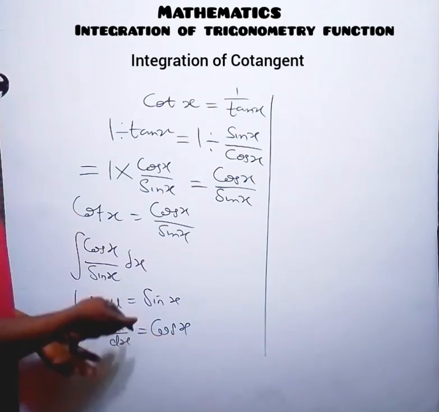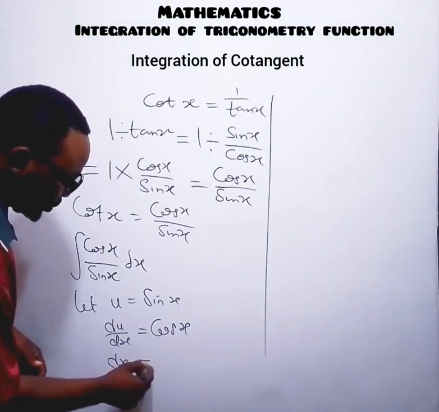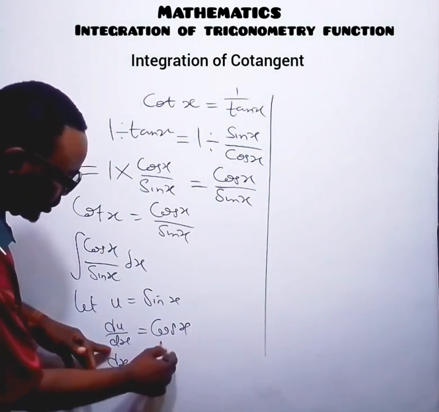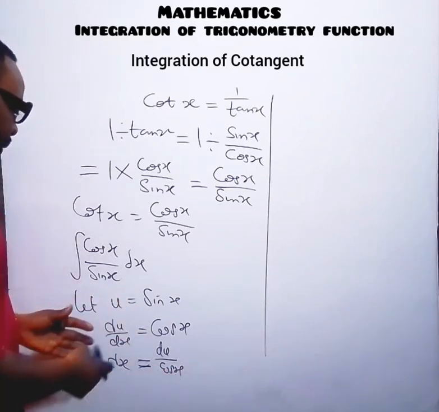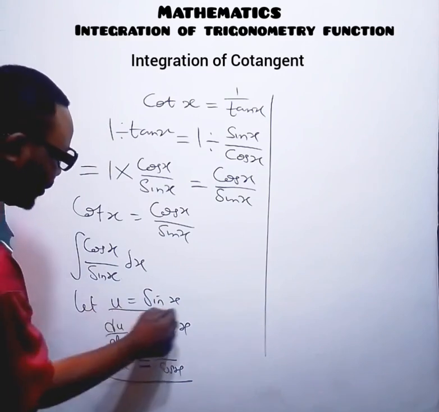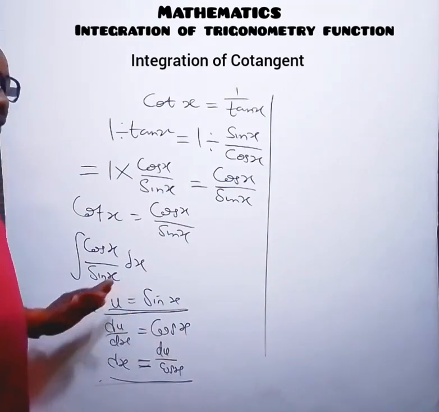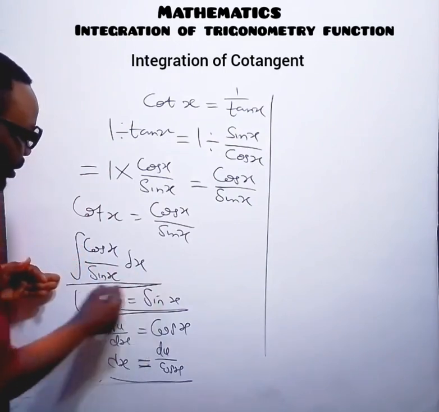Now, making dx the subject of the formula, dx will be equal to du over cos x. After we have gotten dx as du over cos x, and we have the value of our u there already, we have to bring the value into this integral expression.